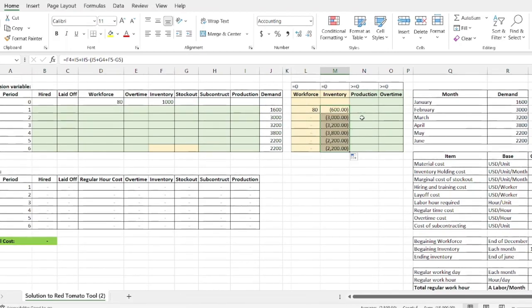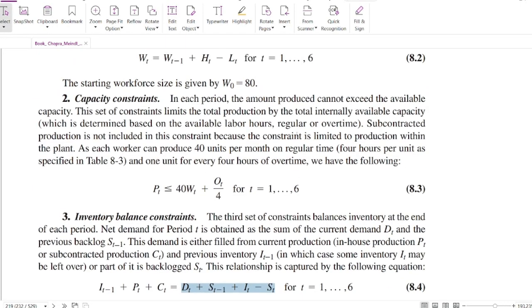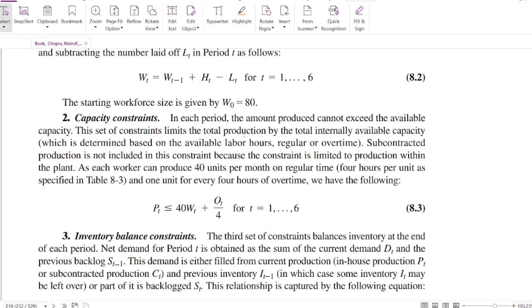Now let's go to the production constraint. This is comparatively easier.